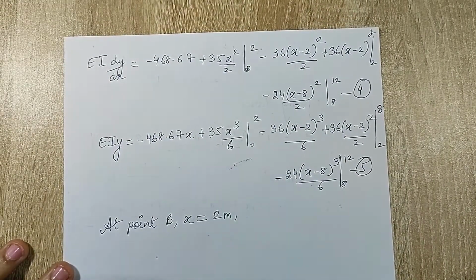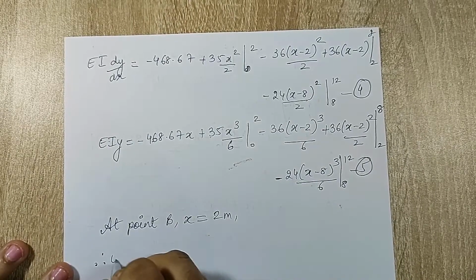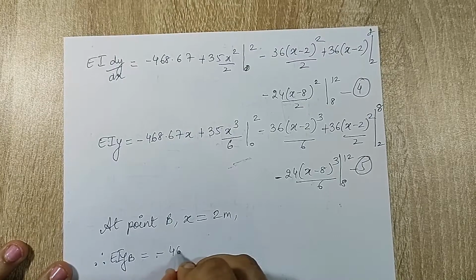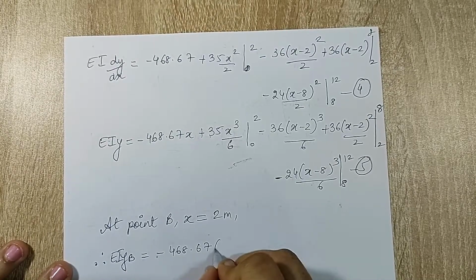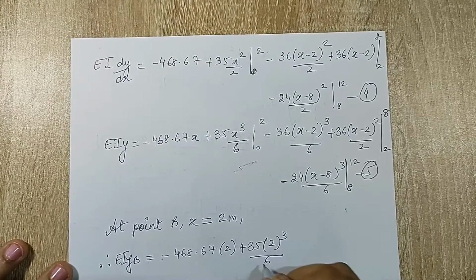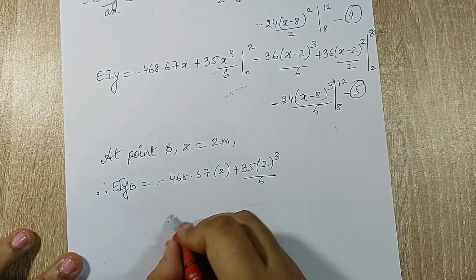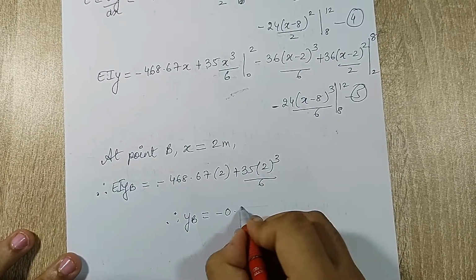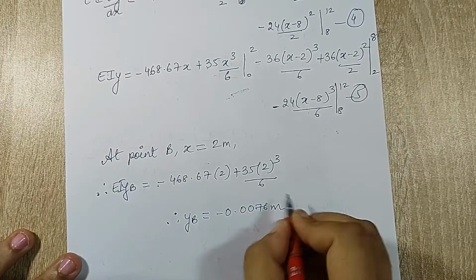For 2 meter I have to write the equation till here. So I'll have therefore EIYB is equal to minus 468.67 into 2 plus 35 into 2 cube by 6. When I solve this, I'll get the value of YB as minus 0.0076 meter.